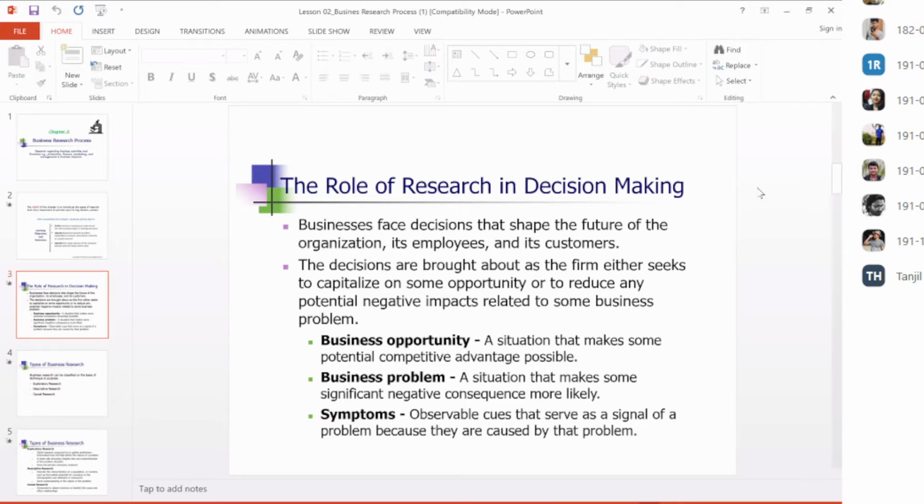So particularly when looking for business opportunity, facing a business problem or any problematic situation, or observing the current trend and current issue, a business manager needs to conduct research. For all sorts of decision making, you need research knowledge and research findings.